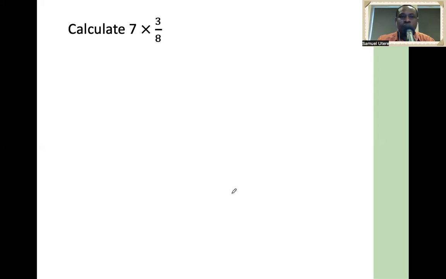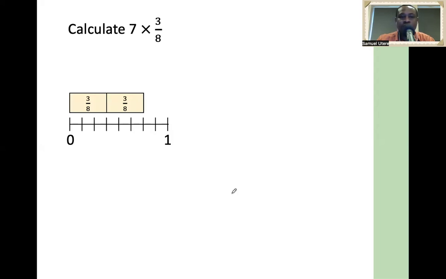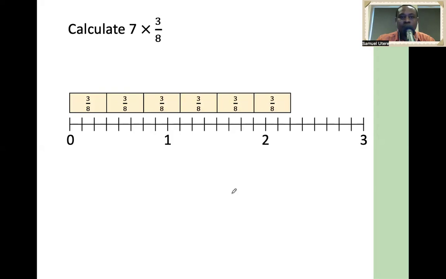It means we're going to have a diagram that is divided into 8 equal parts, but we need 3/8 of that. If we want to represent this on a number line, it means we need to extend our number line. So we'll have 7 times 3/8. Now, have you noticed that this is the same thing as 21/8?